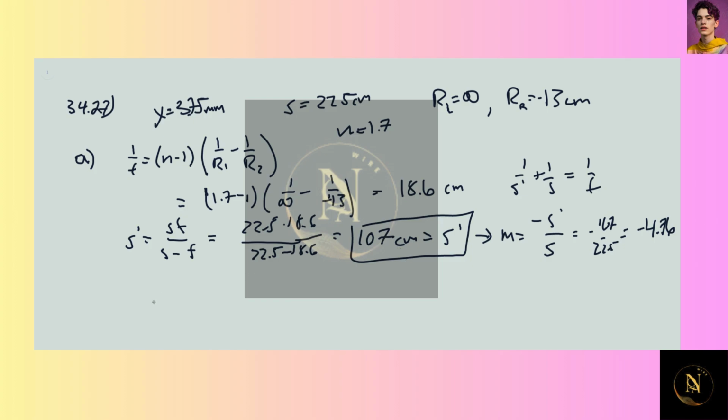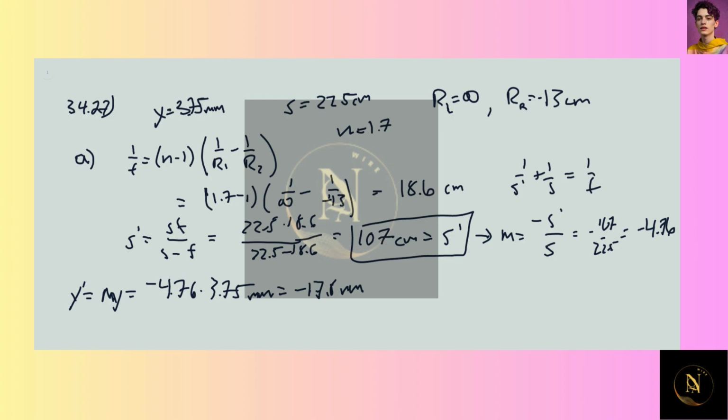Okay, so we know the image is inverted because it's a negative magnification, but let's figure out what the height is from this equation. And this comes out to being negative 4.76 times the height, which is 3.75 millimeters. That comes out to being negative 17.8 millimeters.